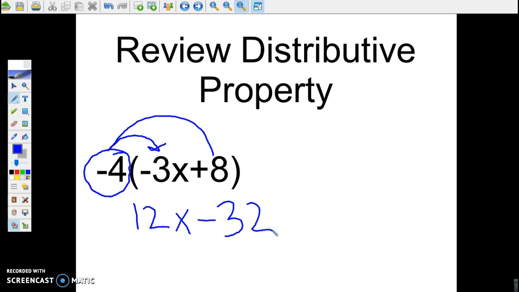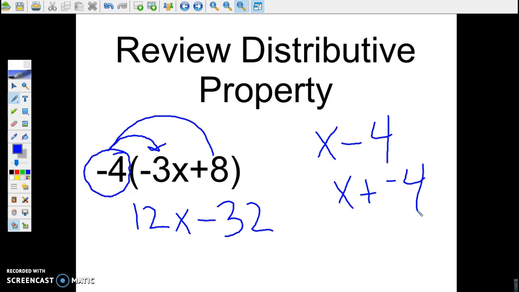Some of you have been asking me, well, what if it's negative? What if it's a minus sign? In algebra, it doesn't matter if it says subtraction or if it says addition. If you see something that looks like this, x minus 4, that's the same thing as x plus -4. So when we're dealing with algebra, we really don't think of it as minus.